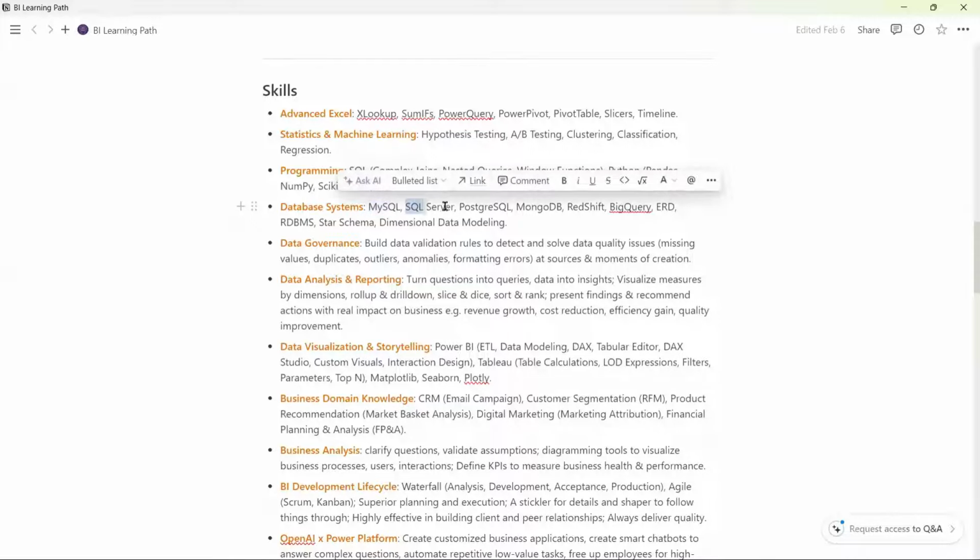You will see SQL Server. So this is from Oracle. This is from Microsoft. And you will see PostgreSQL, MongoDB, Redshift is AWS, and BigQuery is Google Cloud Platform, right? So these are just different database systems. Doesn't have to be so many, but it's definitely more than one or two, right?